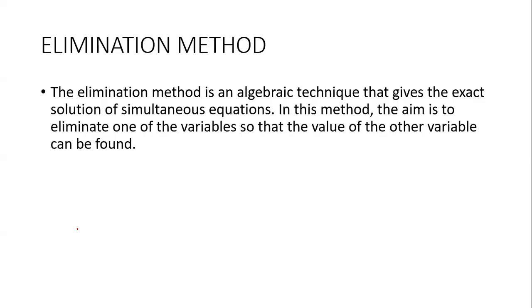And when they talk about equations in math, there must be an equal sign. First, you write our heading: elimination method. That is your heading. So you write elimination method. That is the first method we want to look at.